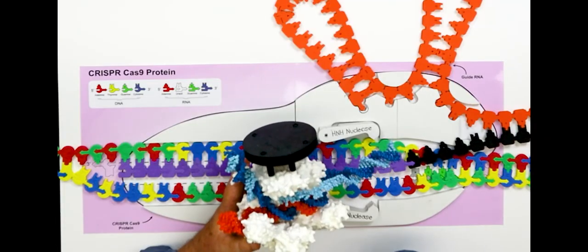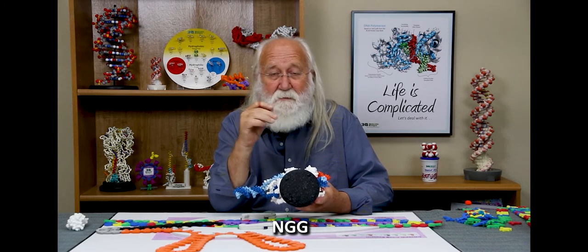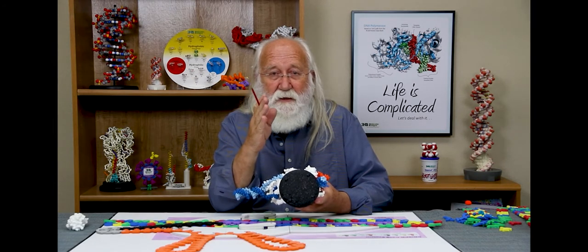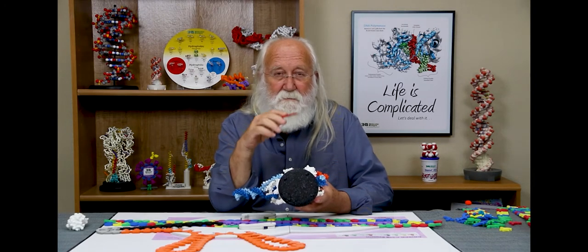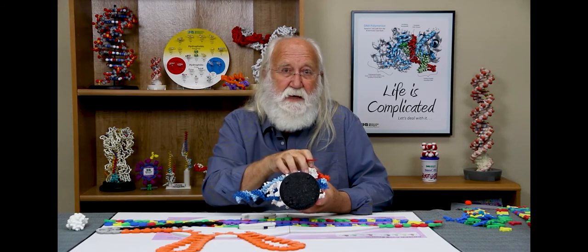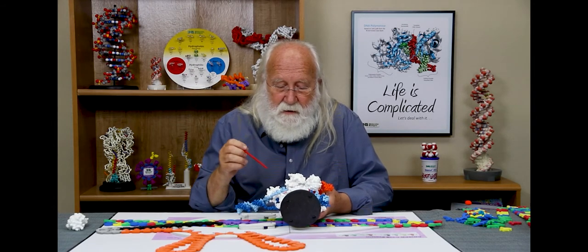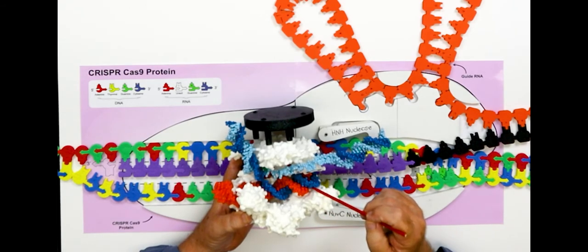PAM stands for protospacer adjacent motif. For Cas9, it's NGG, where the N means it can be anything, any of the 4 nucleotides, followed by a G and another G. So whenever this enzyme finds 2 Gs, it'll bind to that double-stranded DNA. And then the first thing it does is separate the light blue from the dark blue strand.